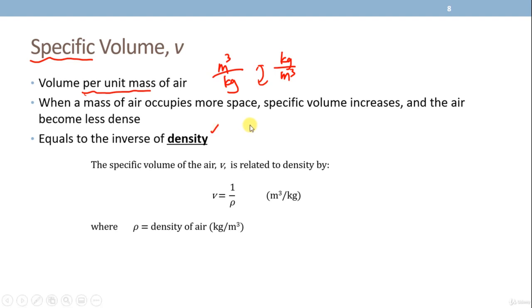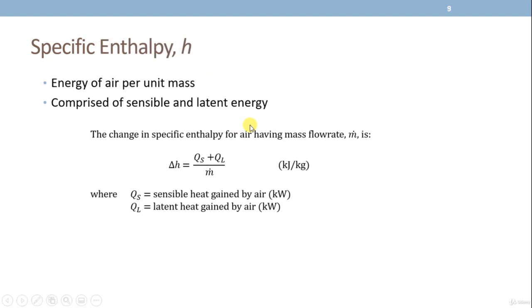And the last property is specific enthalpy. Specific enthalpy refers to the energy content in the air itself. The amount of energy contained in the air is made out of two parts. It includes the sensible heat, which we roughly talked about in the very first slide on dry bulb temperature, and the other one is called latent heat.